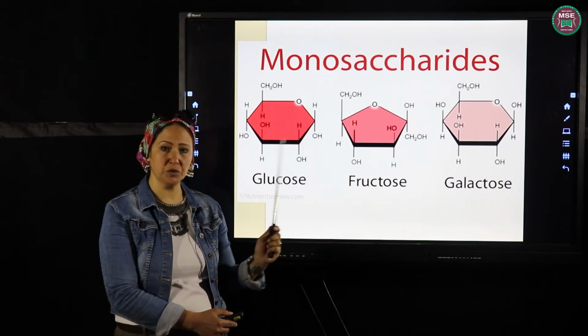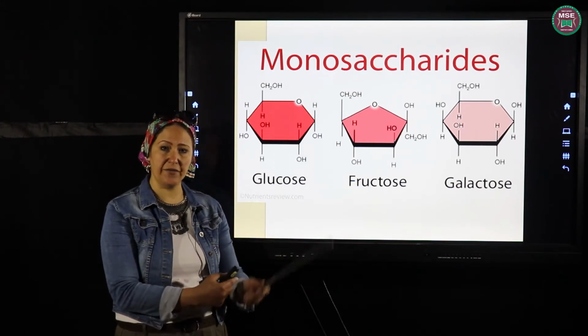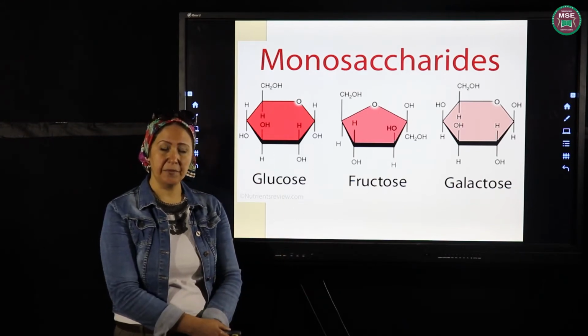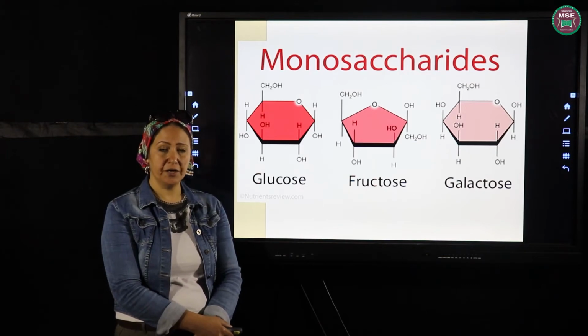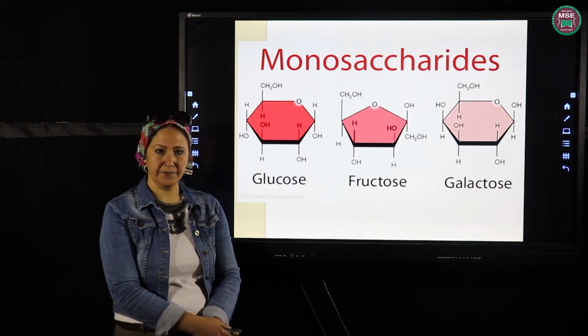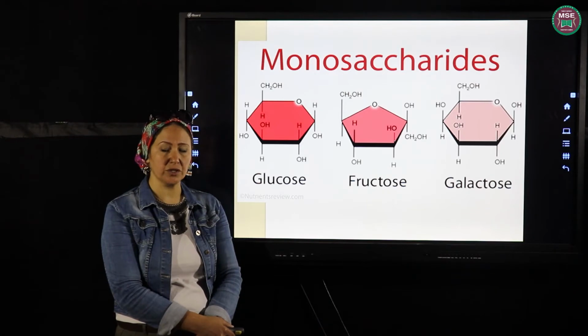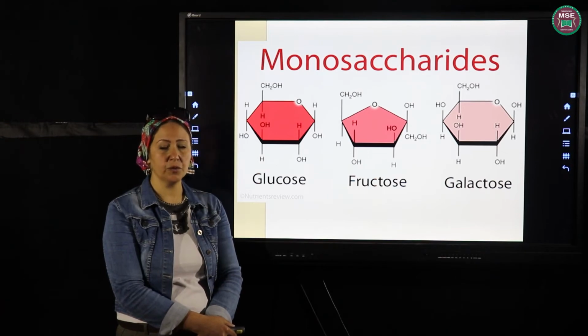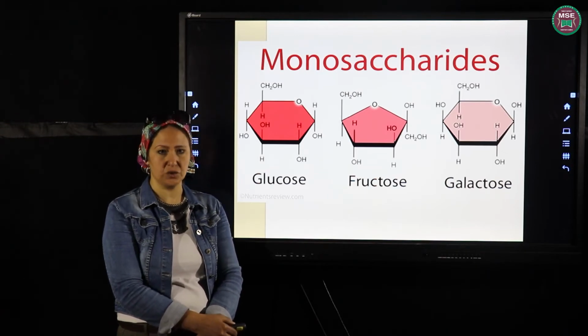If we put 2 hexagonal shapes together, we refer to a disaccharide. So we put just 1 circle for monosaccharides, and 2 circles joined together for disaccharides. More than 2, and we are going to talk about complex sugars.